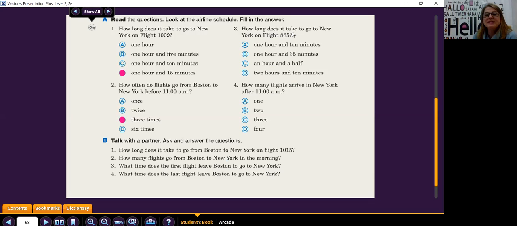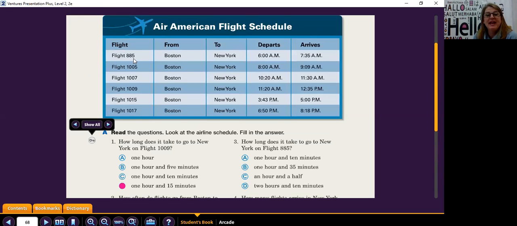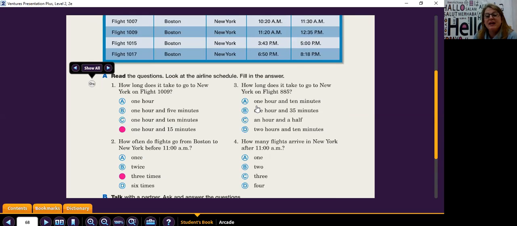All right, let's read this together. How long does it take to go to New York on flight 885? Okay, I'm going to go back and look at flight 885 to New York. It departs at 6 a.m. and arrives at 7:35 a.m. How long is that? Is it A, 1 hour and 10 minutes?